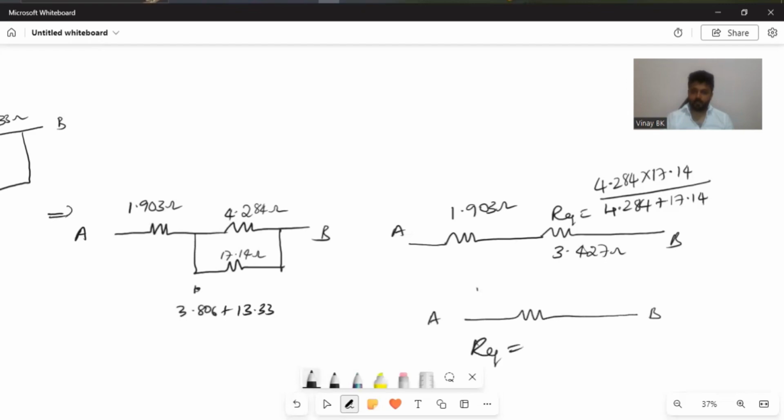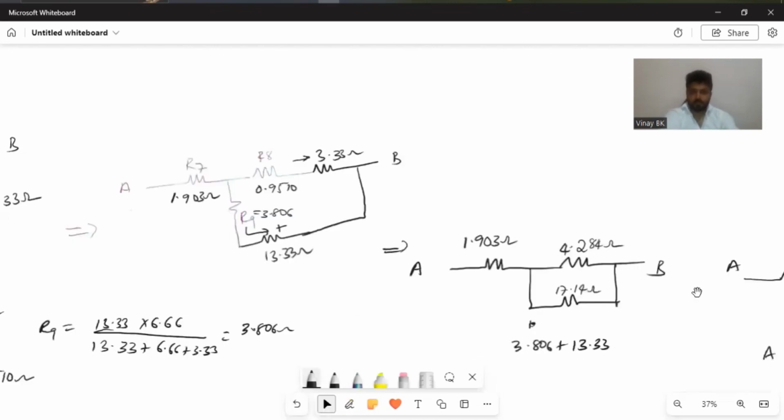By adding 1.903 plus 3.427 plus 1.903, you can get 5.33 ohms. This is the answer.